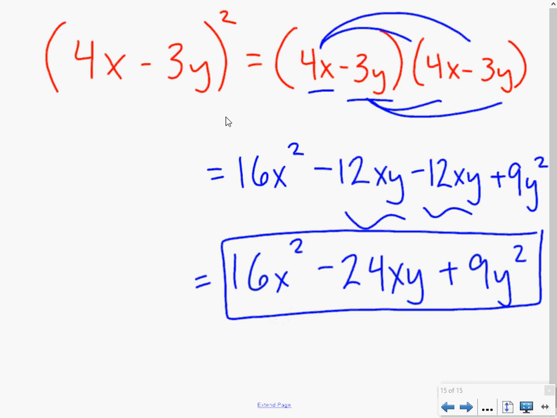I also want to look at one that is a little more challenging. We've been multiplying binomials times binomials. I want to look at something where we're multiplying a binomial times a trinomial.